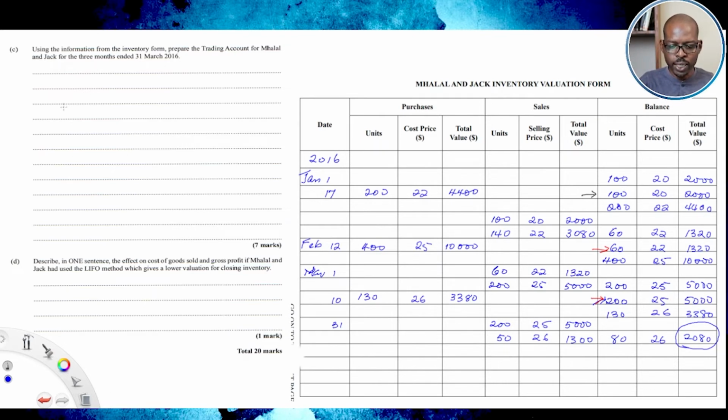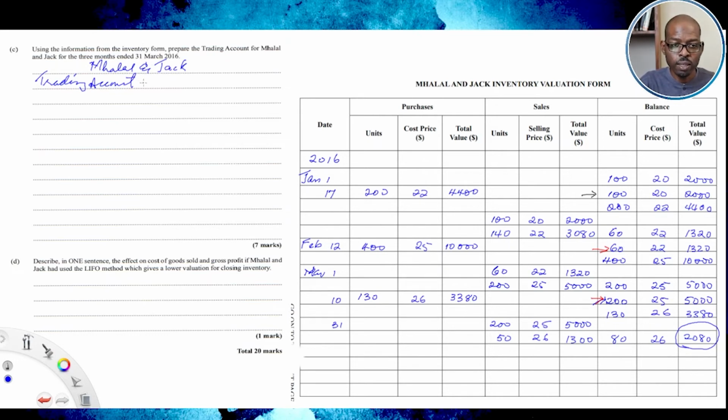Okay, so let's begin. So we're looking at a trading account. Let's head it up. Malal and Jack. Trading account. It says for the 3 months ended 31st.